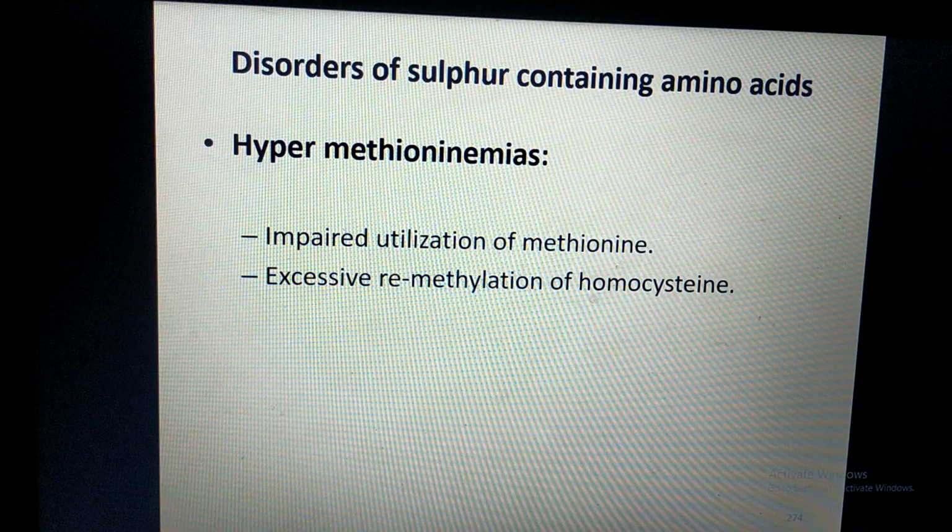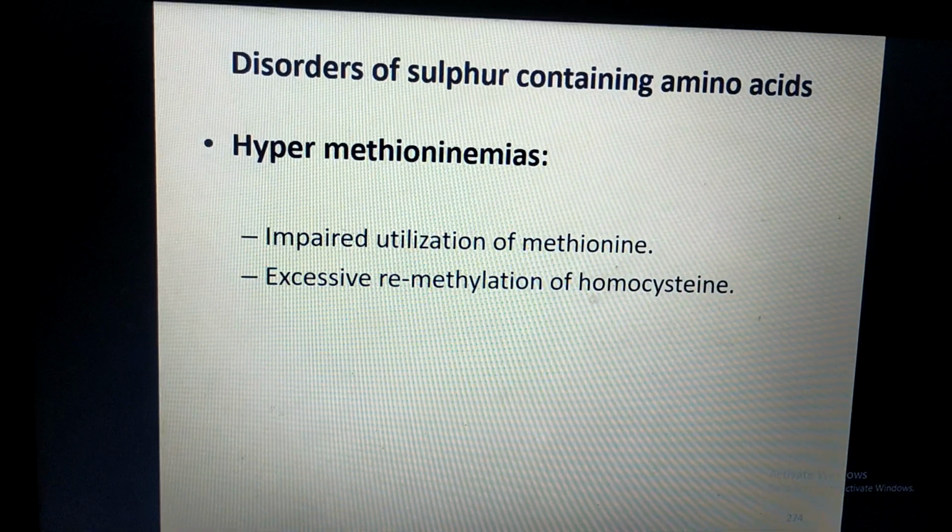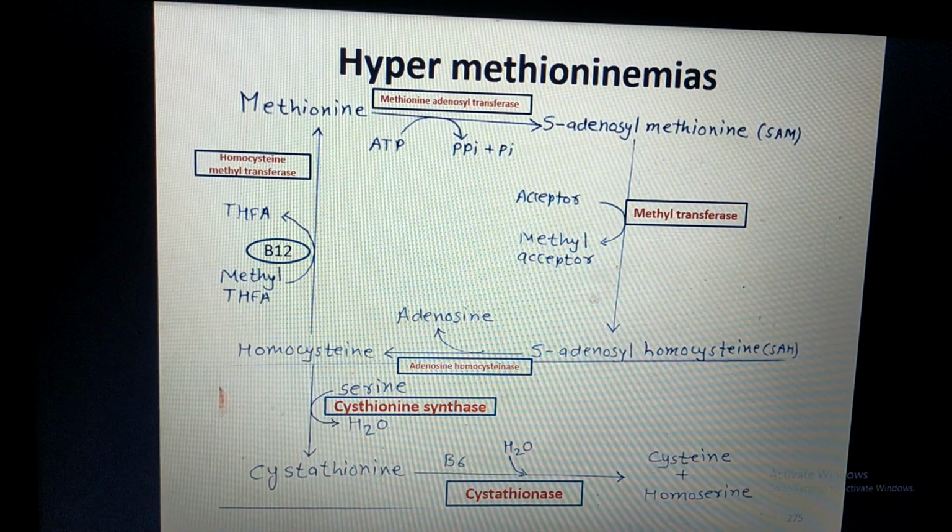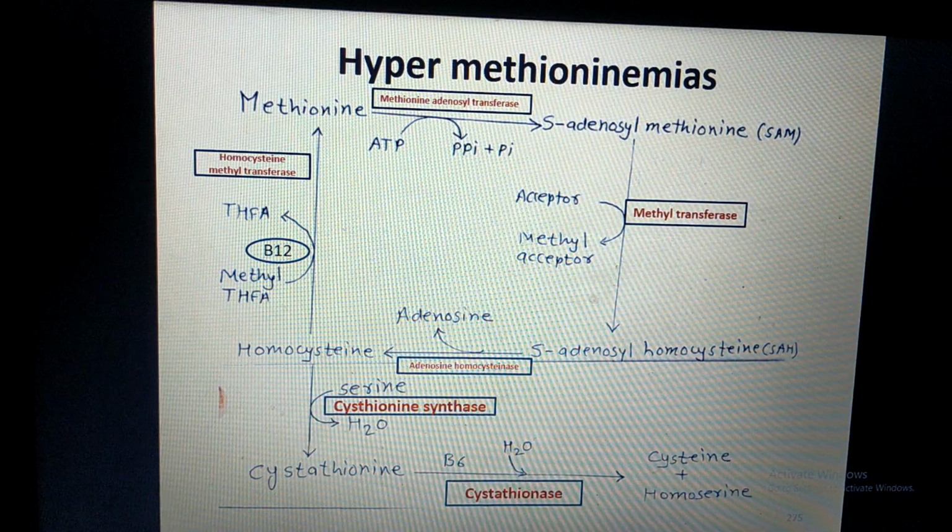It is due to two reasons, either due to impaired utilization of methionine or excessive remethylation of homocysteine. To understand this, you have to see this pathway. See, in this case homocysteine is there. If this homocysteine is methylated more, then more methionine is formed.